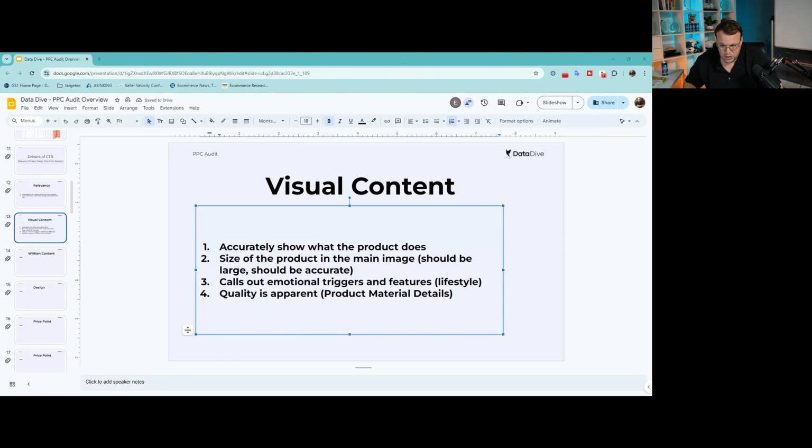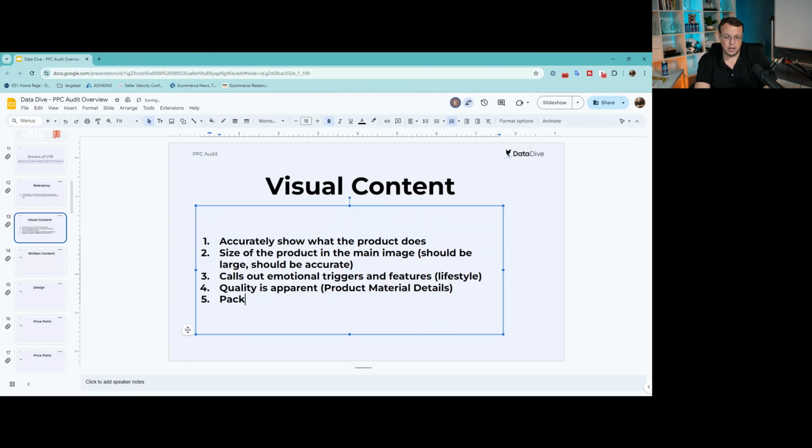Keyword on the main image is a great one, Abdullah, and the way to do that is through packaging. Packaging should contain the main keyword.